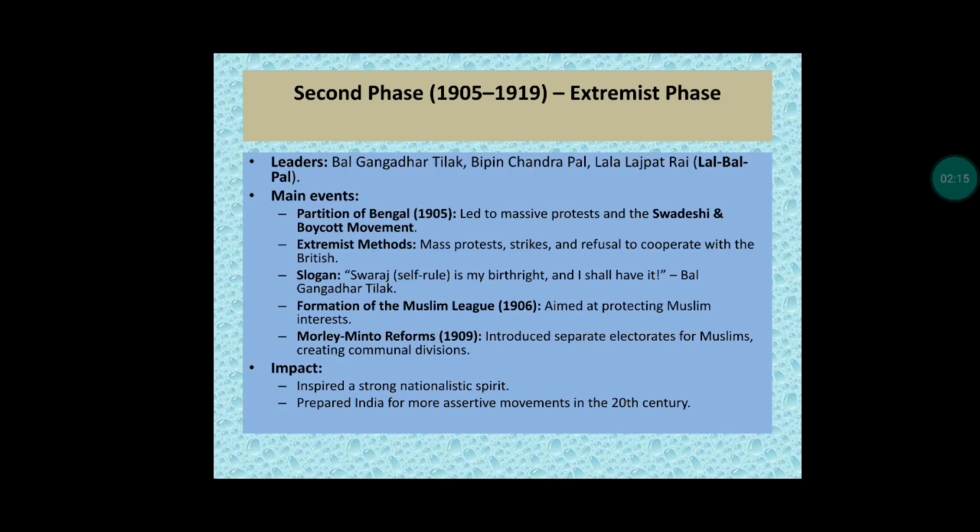Extremist methods: mass protests, strikes, and refusal to cooperate with the British. Slogan: Swaraj is my birthright and I shall have it, given by Bal Gangadhar Tilak. Then, formation of the Muslim League 1906, aimed at protecting Muslim interests.